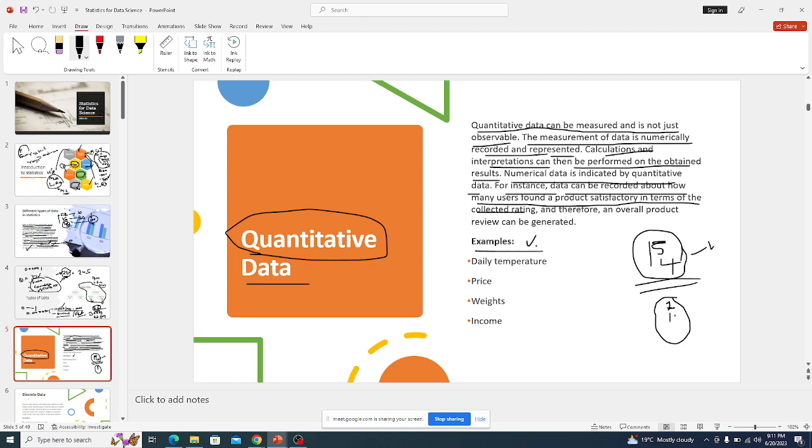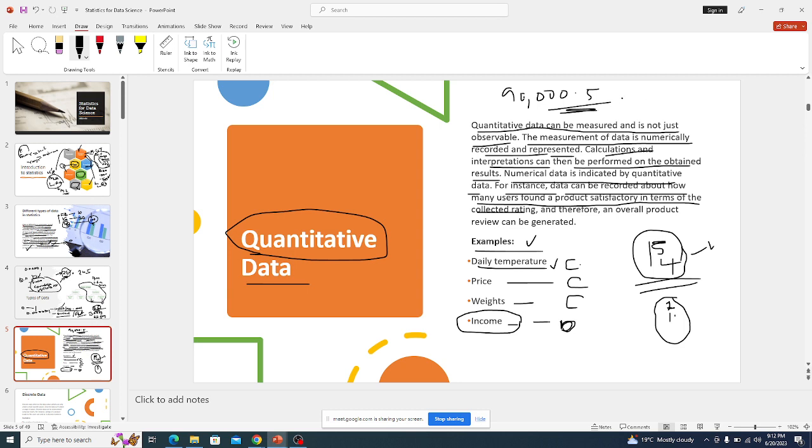So we have some examples, and we have daily temperatures. Of course, this is a quantitative data type, and we can categorize it as continuous data type. Then we have price, also continuous. Weight is also continuous. Income. Do we receive income in whole numbers? Yes, I guess so. Income can be discrete, because it is rare to find someone being paid, let's say, 90,000 point five.